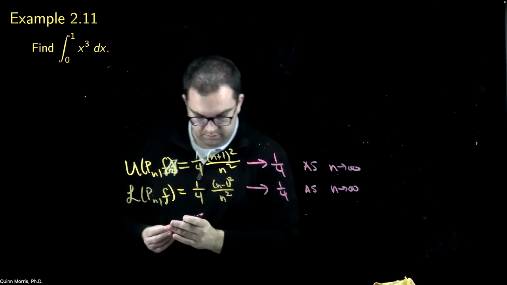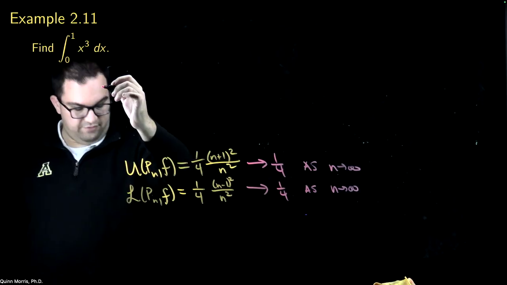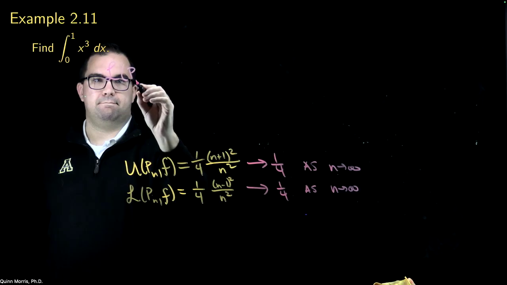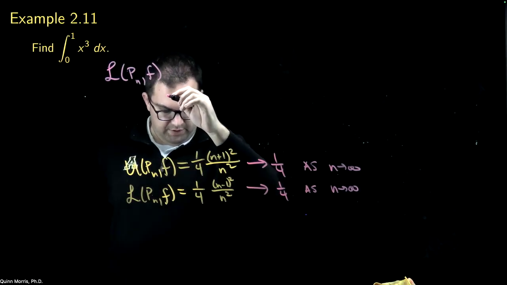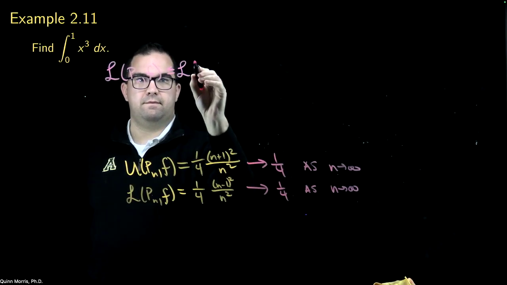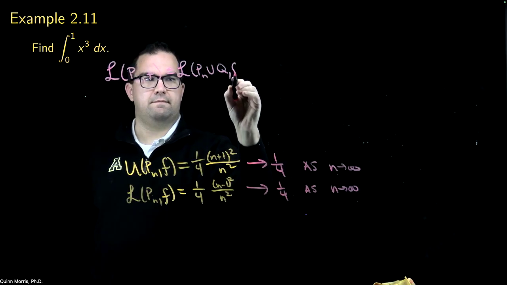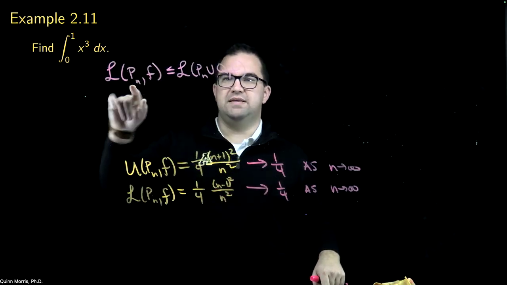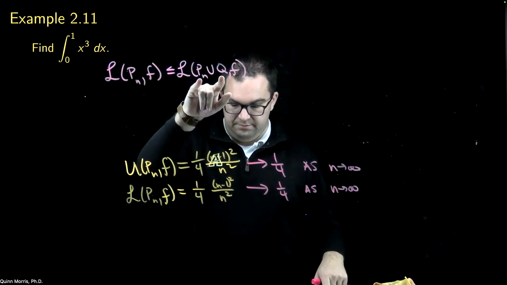Okay, so let's see how we can use these facts to our advantage. We want to use the fact that if I look at the lower sum of P sub n f, then for any arbitrary partition Q, I'm adding in a bunch of other points Q, so this is a refinement of P sub n.